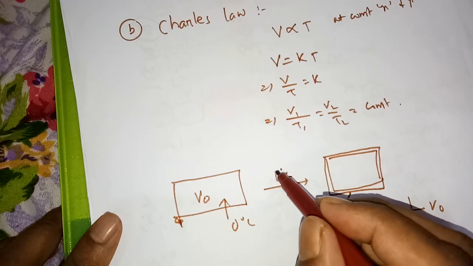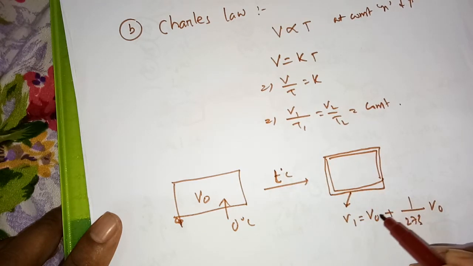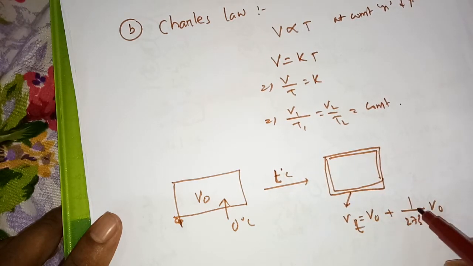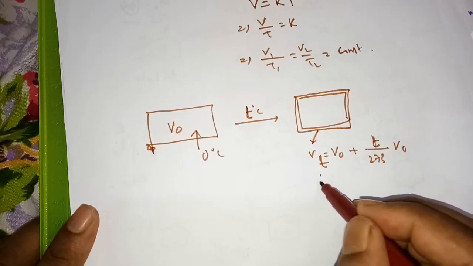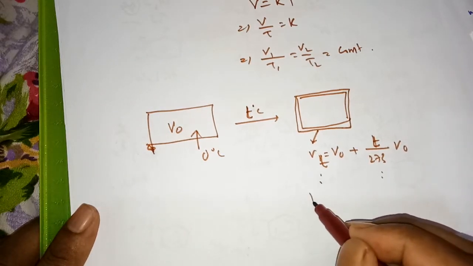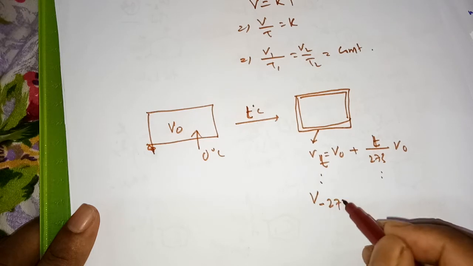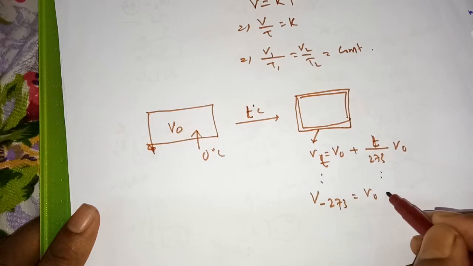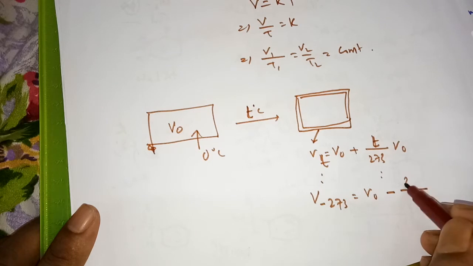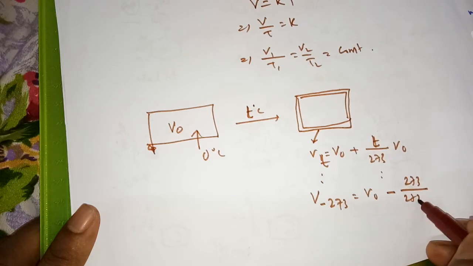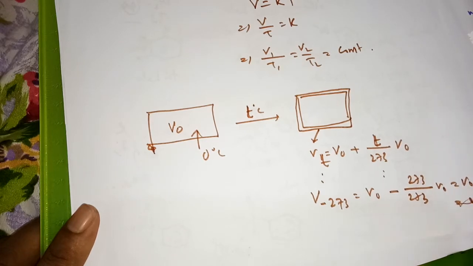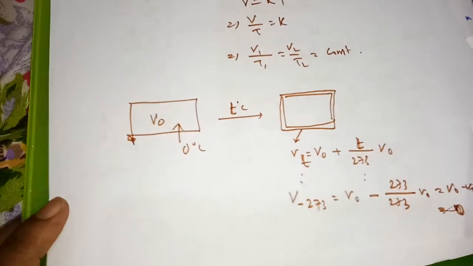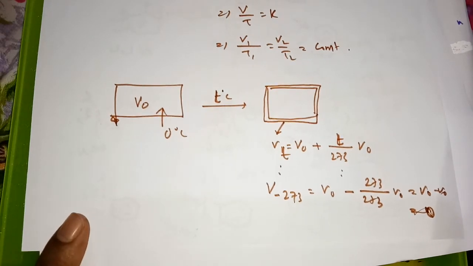Now if it is increased by a temperature of t, then that becomes Vt equal to V0 plus t by 273 into V0. Like that, if I tell that the temperature is minus 273, then it becomes V0 minus 273 divided by 273 into V0. This is V0 minus V0, that becomes 0. So in that case, the volume becomes 0.